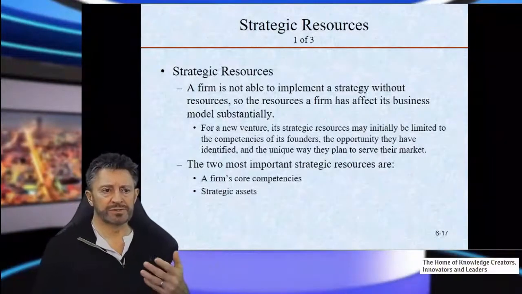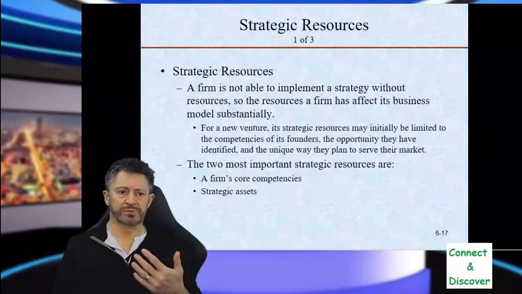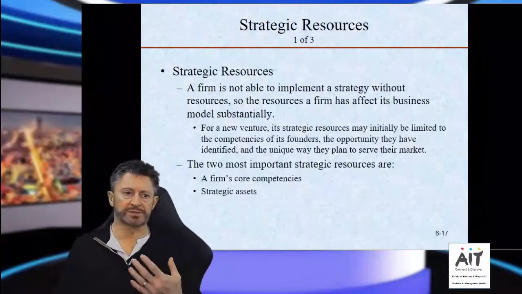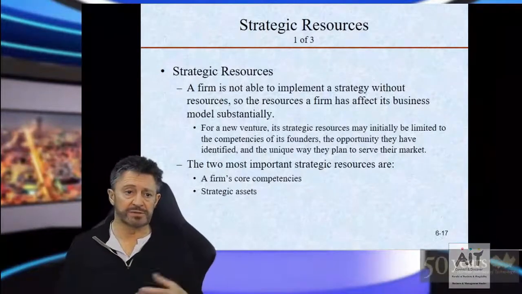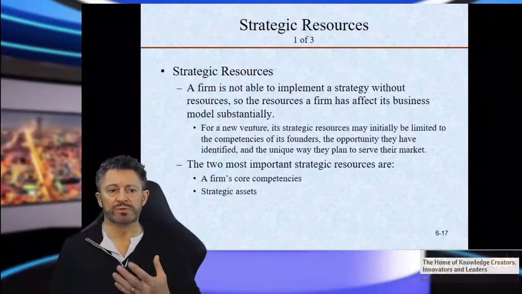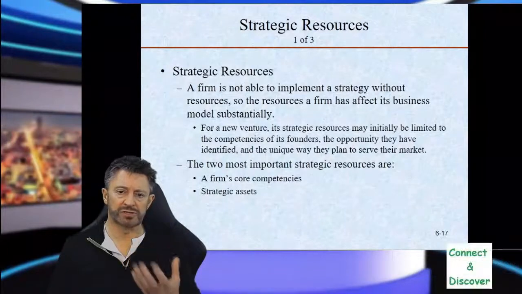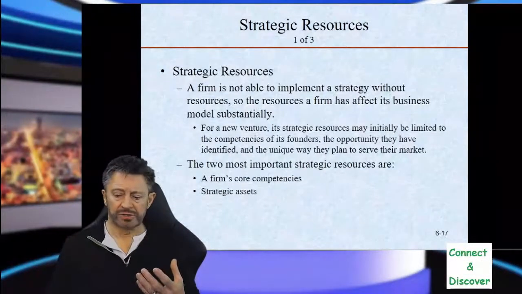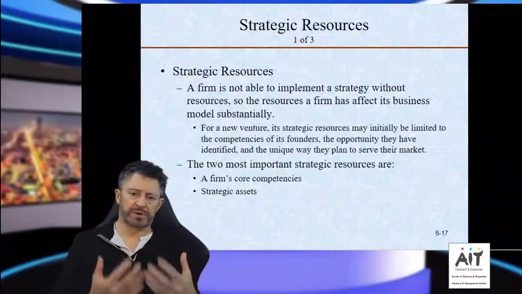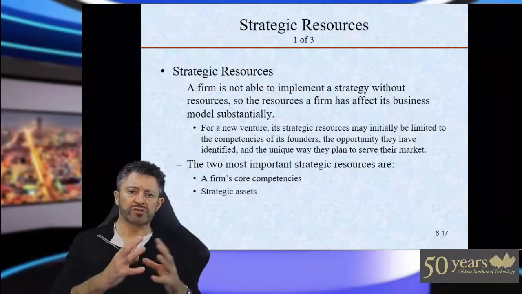So, strategic resources. A firm is not able to implement a strategy without resources. A new venture's strategic resources may initially be limited to the competence of its founders, the guy that came up with the idea, and so on. The two most important strategic resources are a firm's core competencies and its strategic assets. You might not actually physically own anything, but your network of suppliers and outsourced work could be a strategic asset.